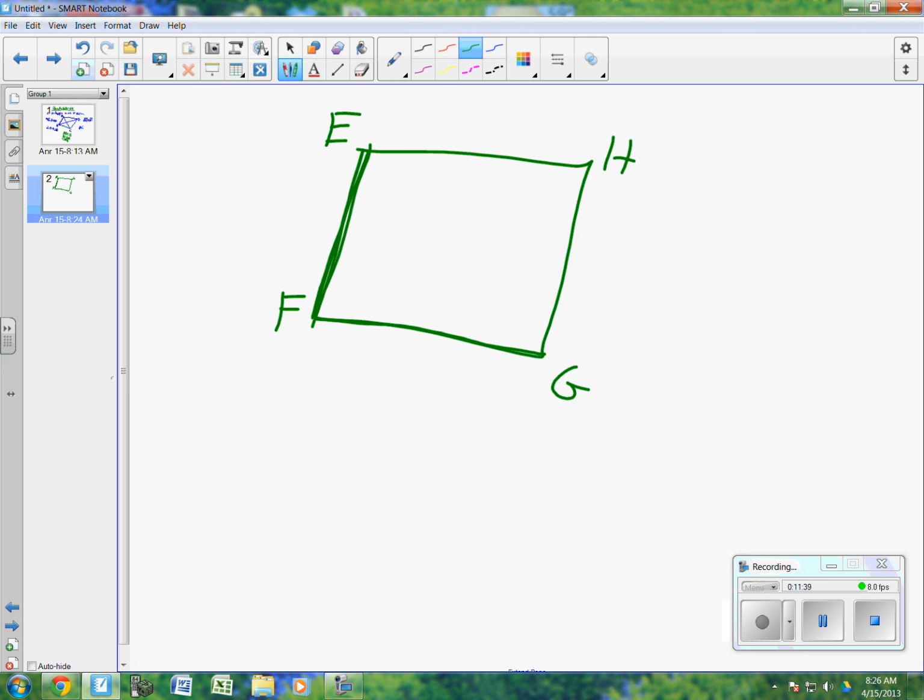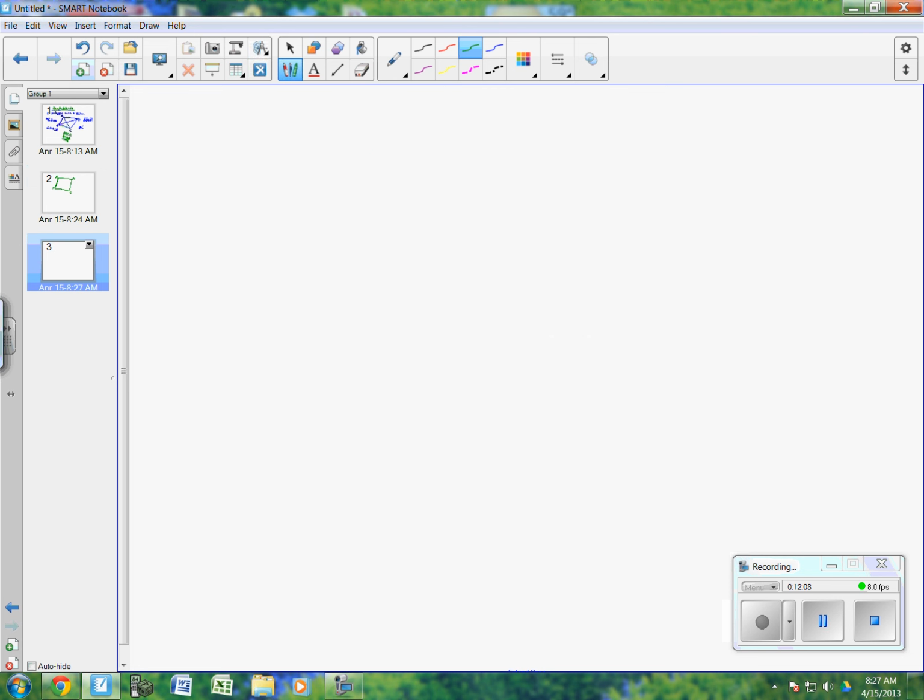Okay, 8. Use the diagram of quadrilateral EFGH. In each exercise, use the given information to find the measure. Explain how you find the measure. Okay, if measure of angle E is 70 and measure of angle F is 130, find the measure of angle G. This one you should get. I'm going to draw a new picture of EFGH because they have it way different.